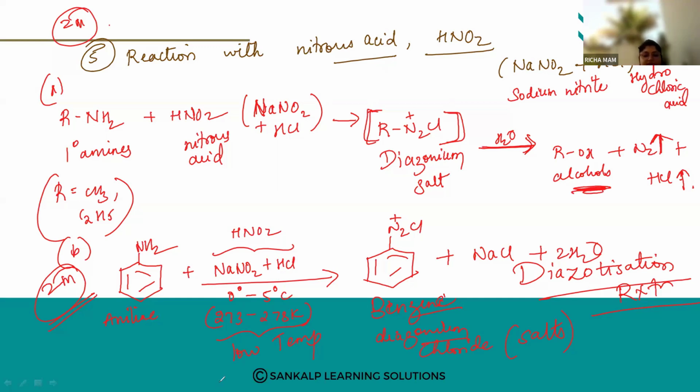So we are left with some chemical properties. Two, three chemical properties are there, that we'll be seeing in the next class. We require 2 to 3 more classes for completion of this chapter.